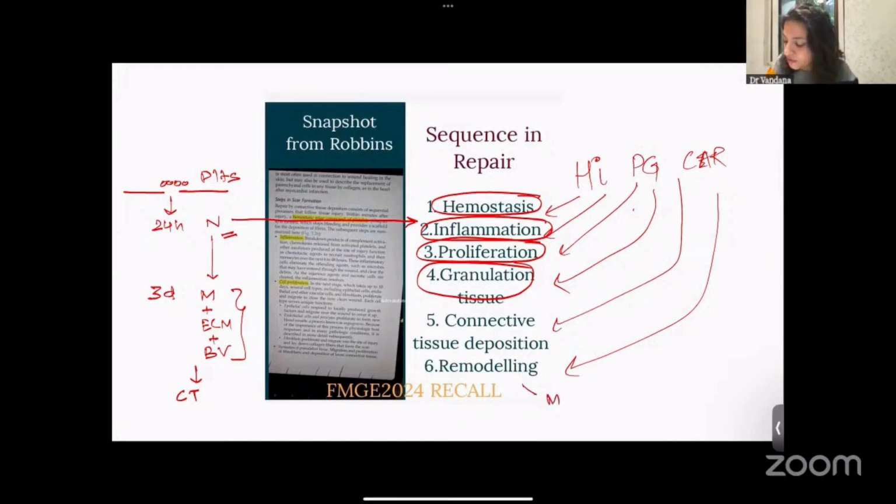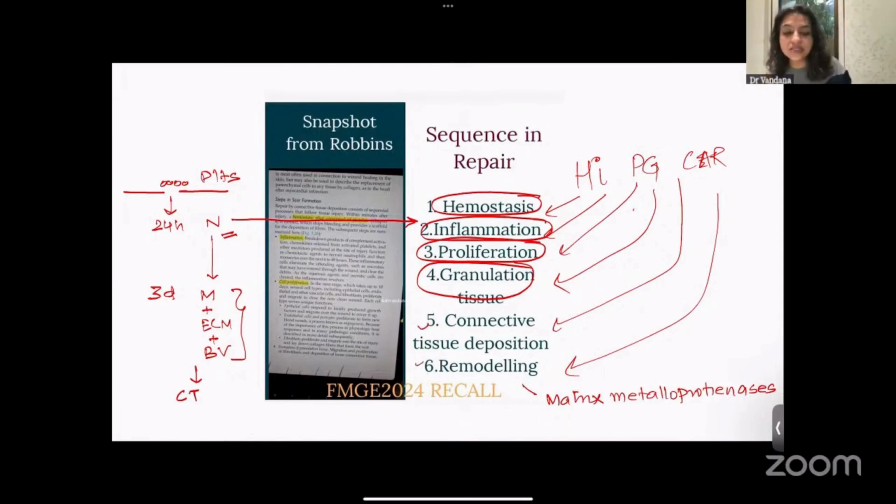There is a group of enzymes called matrix metalloproteinases. These matrix metalloproteinases will eat up excessive extracellular matrix. This is what is called remodeling. So the last two steps are connective tissue deposition and remodeling.